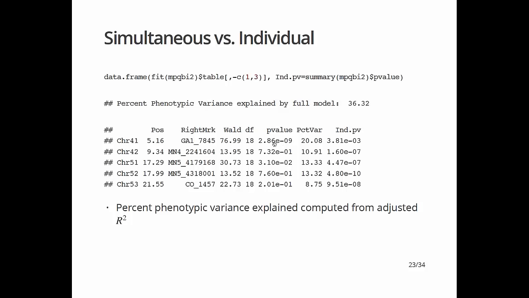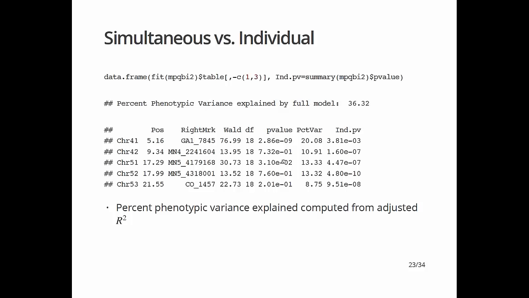So here, this column is from fitting them all together, and the individual p-values over here on the right is fitting them separately. And you can see they can change, they can go both up and down, that is possible, but typically they get reduced once you fit them in the same model because there are other QTL which are affecting your estimates of their significance.